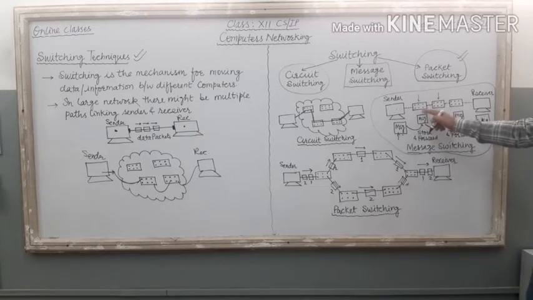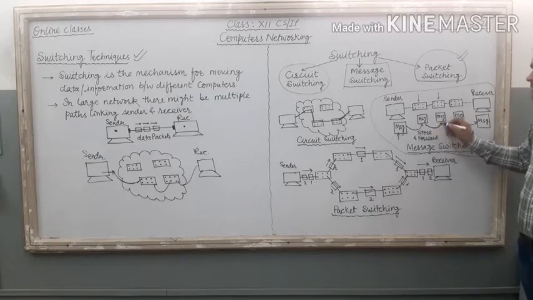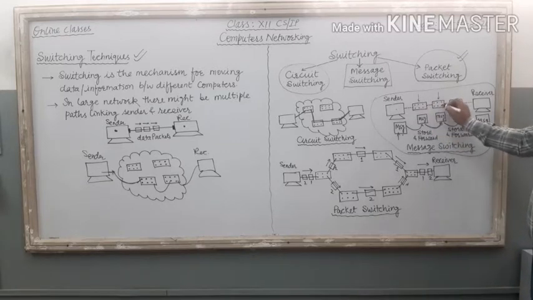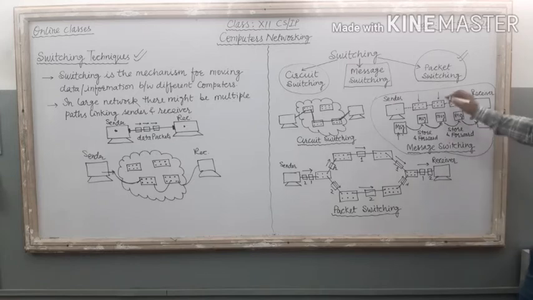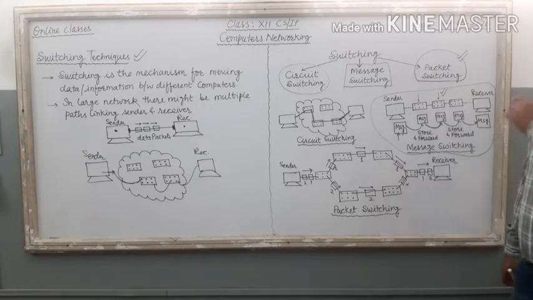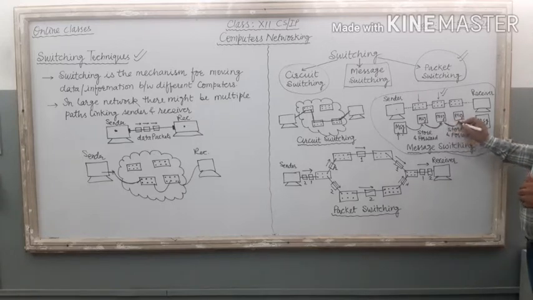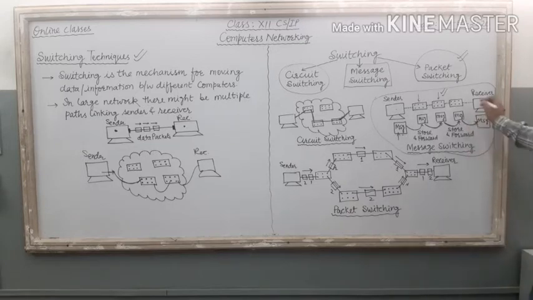Now when it finds the link to the second node, it transfers the message from this one to that one. Here also this message is stored in the particular node's disk. Then again the message is forwarded to the next node. Then again the message is forwarded to the destination PC.